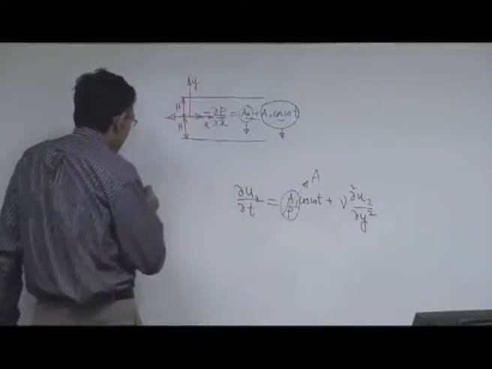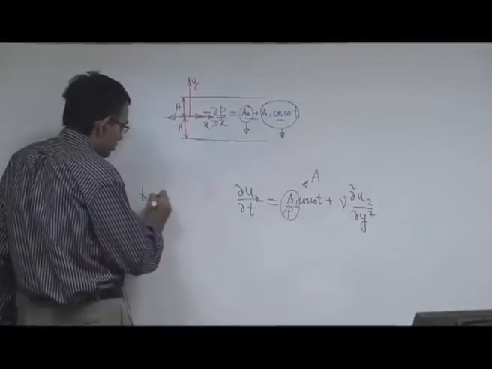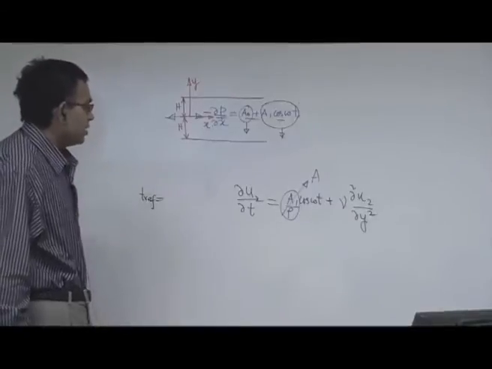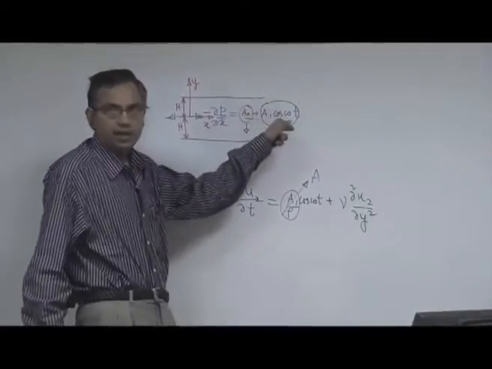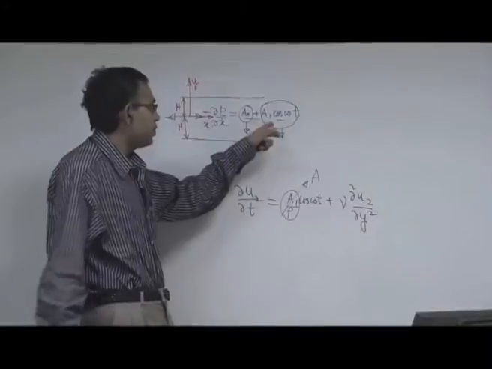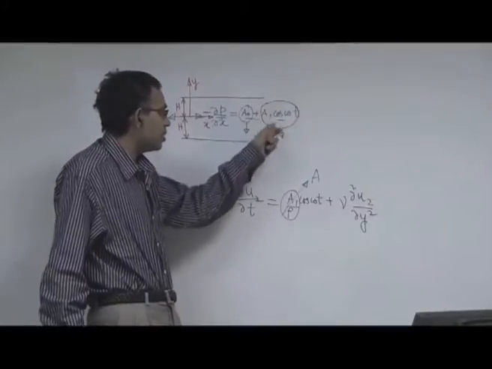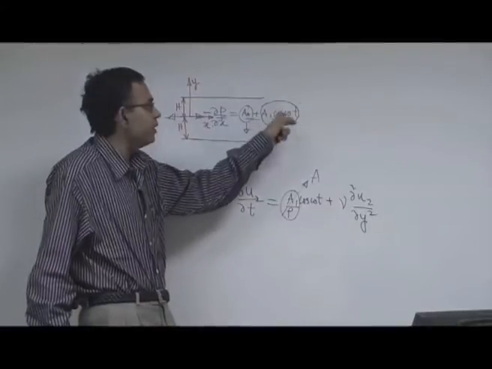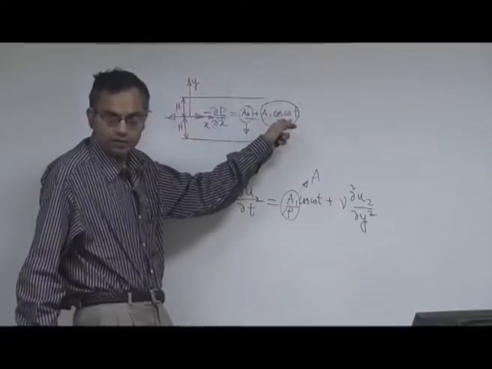What is T reference? The time scale. See, for this problem to be important, that means for this oscillatory component of the pressure gradient to be important, the time scale should be 1 by omega.